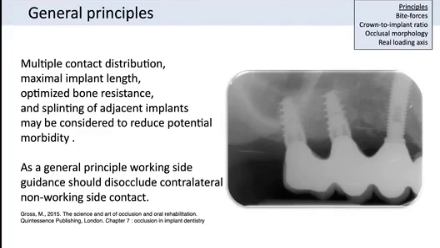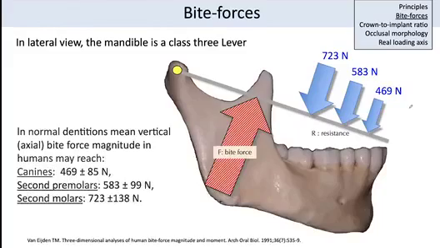As a general principle, working side guidance should disclude contralateral non-working side contact. The discussion is between the working side canine guidance or group function. This is the general principle.